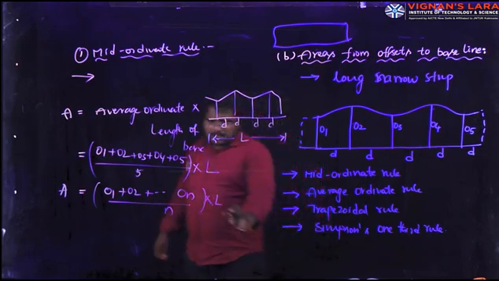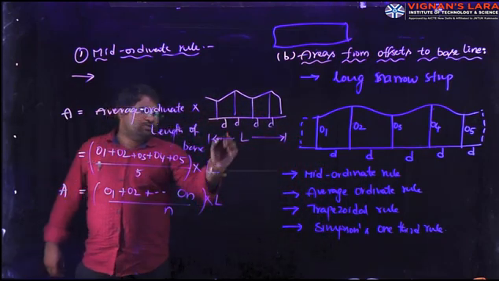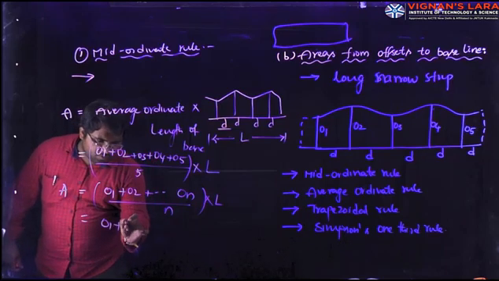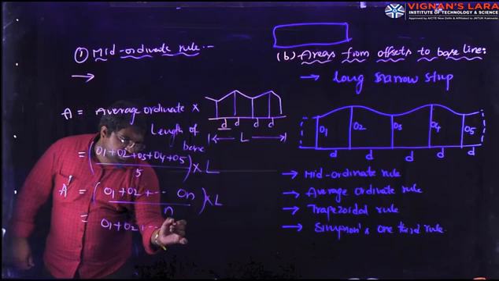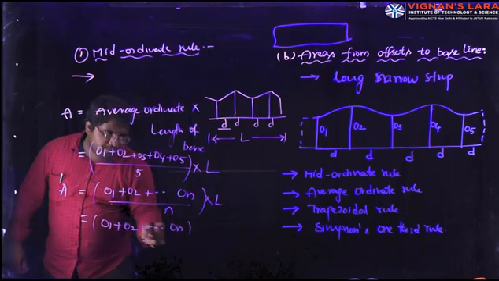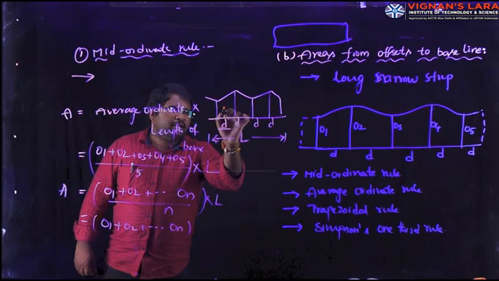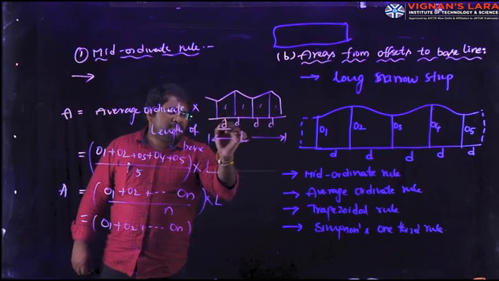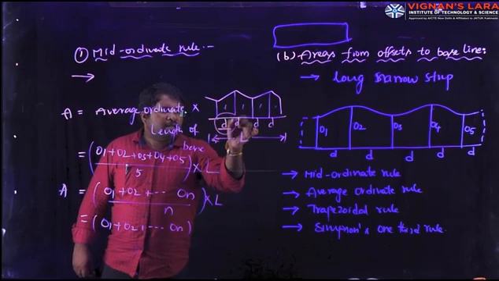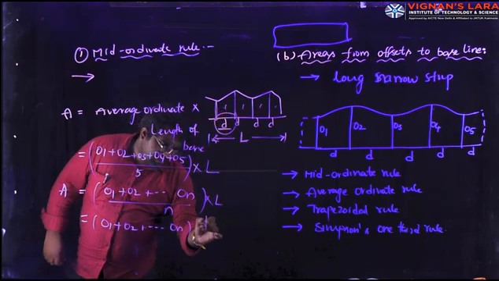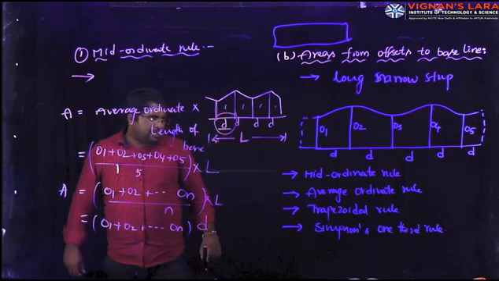Now this L by n is the equal distance, the total length divided by the number of divisions. It gives us the length from one offset to another offset, that is d, which was taken here.